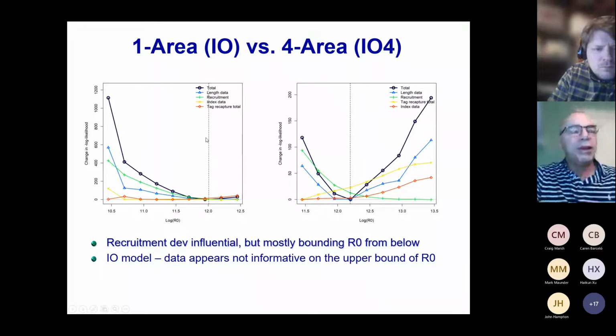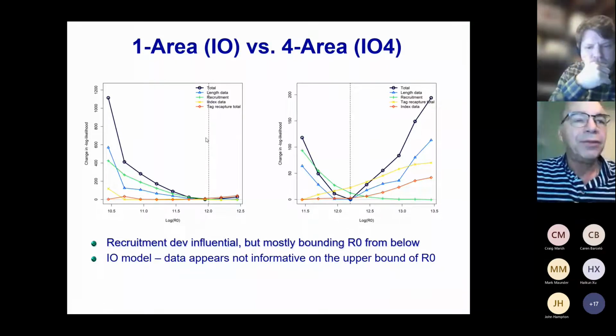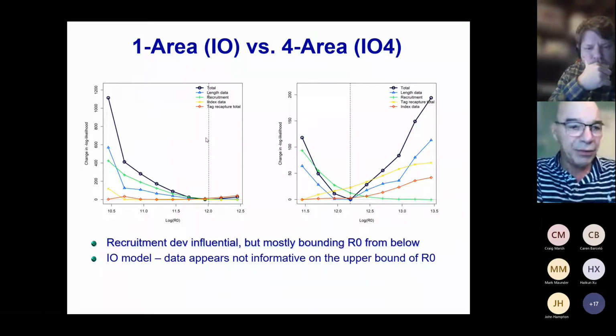And I think this is because of the fixed steepness value. So if you have a fixed steepness and you also certainly have a fixed catch in the model, by profiling on R0, you're essentially profiling on the depletion early in the time series, and that causes a different trend in recruitment over time, but you have a fixed steepness.